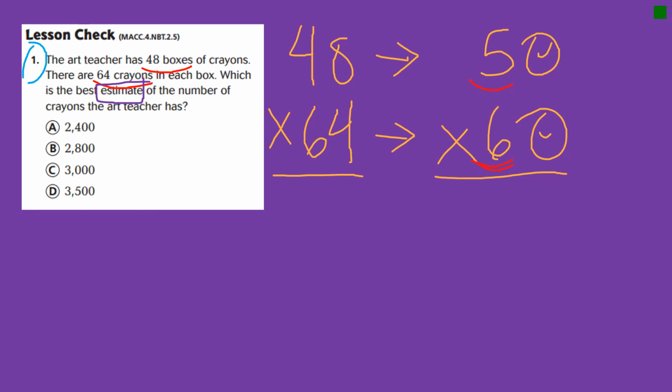Just do the basic fact. 6 times 5 is 30. 0, 0, 0, 0. Okay? So the art teacher has about 3,000 crayons. Goodness gracious. Maybe he's going to work with the baseball team with their 1,500 baseballs with his 3,000 crayons.